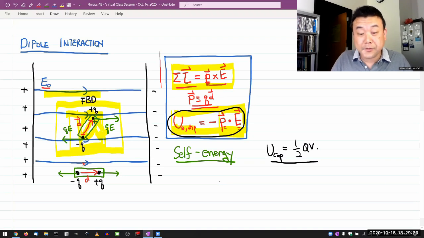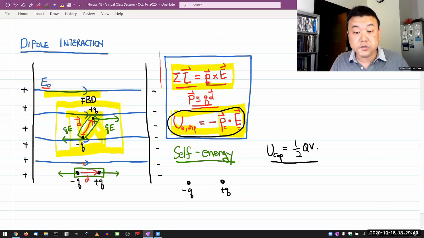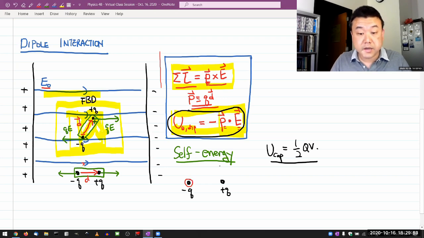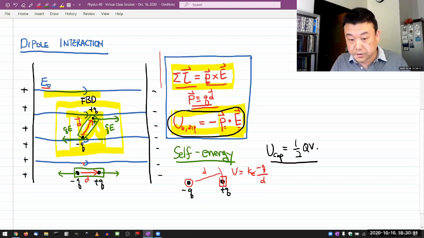So in the case of a dipole, if you have a positive charge in the vicinity of a negative charge, there is potential energy associated with this arrangement alone. I can just quickly go through that. This negative charge being here generates a potential. So at the distance of d, the potential due to that negative charge will be Coulomb constant times minus q over d. So this positive charge that's here is at that electric potential.